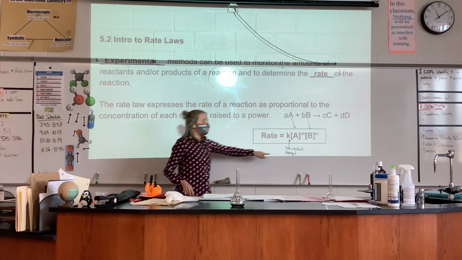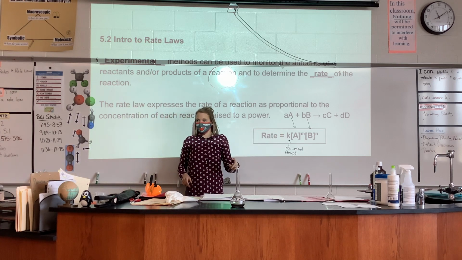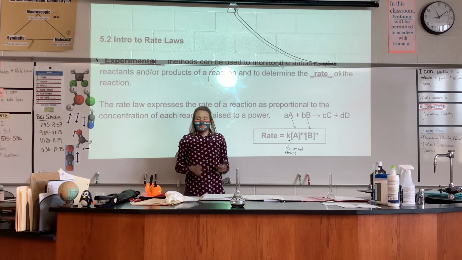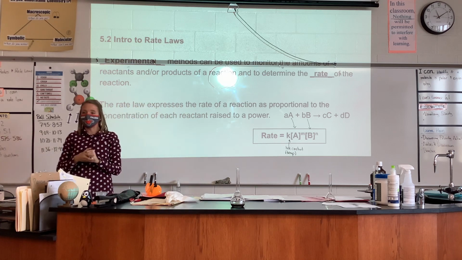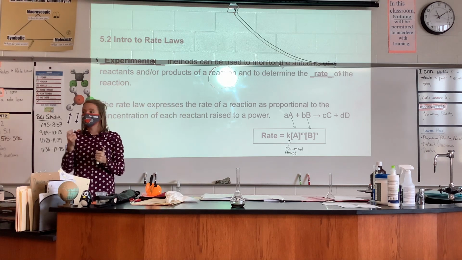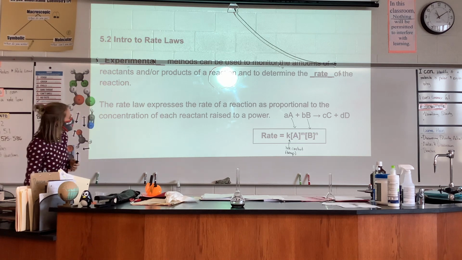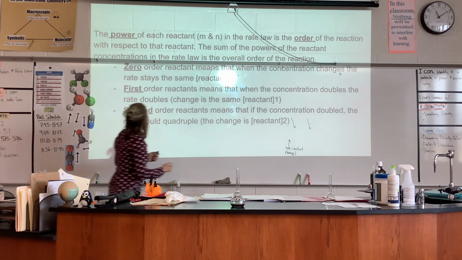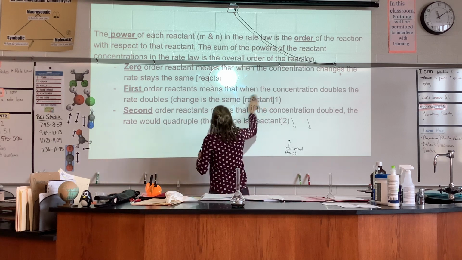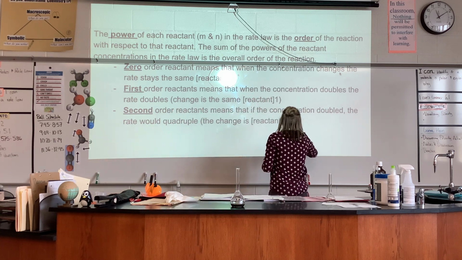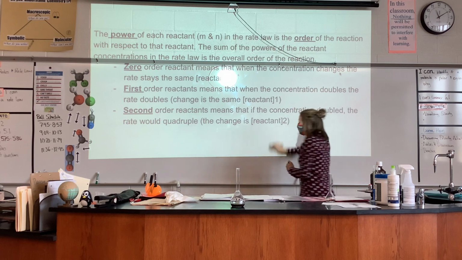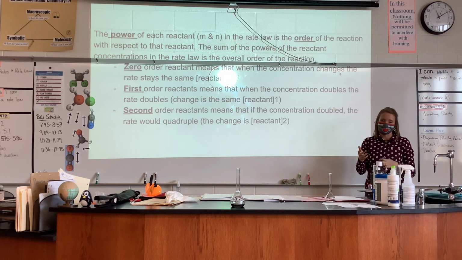But if you change the temperature, k will change in numerical value. So what we're going to learn and then practice today is how to write a rate law and then how to use it to find information about our equation. Okay, so let's write a few things about M and N here. M and N are the rate orders, and once again, they help you understand how things are affected.